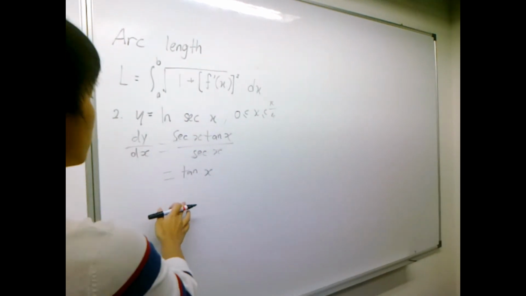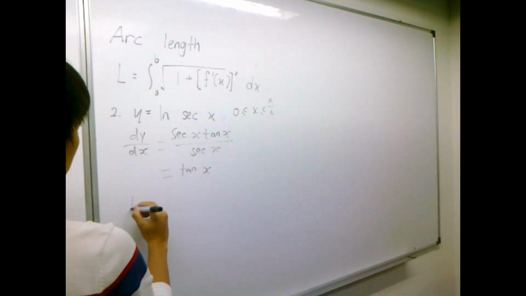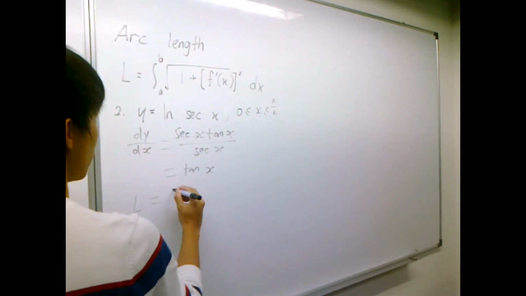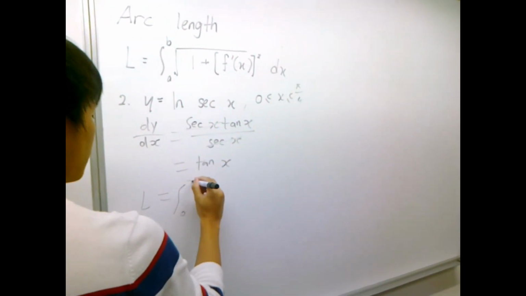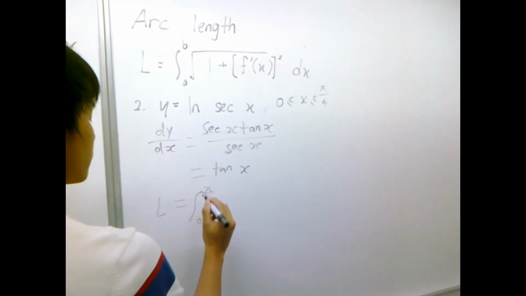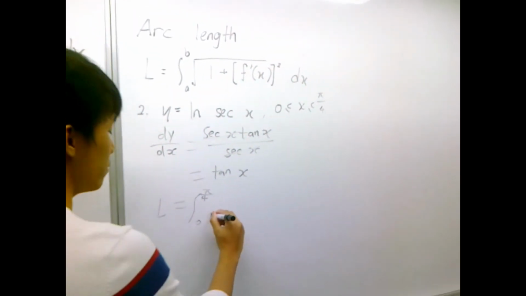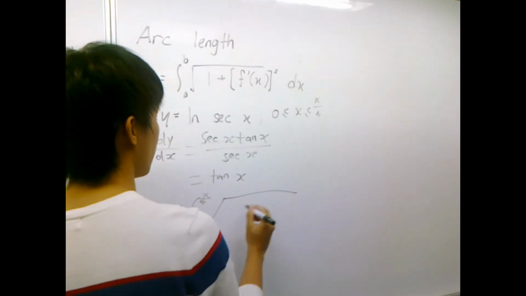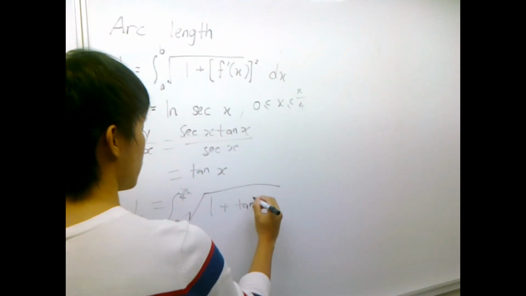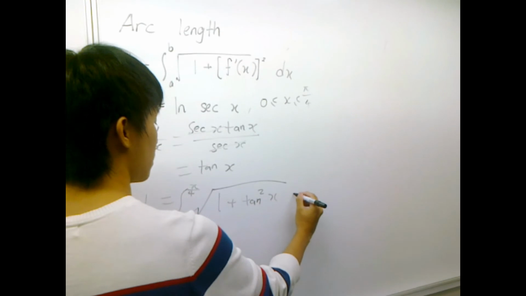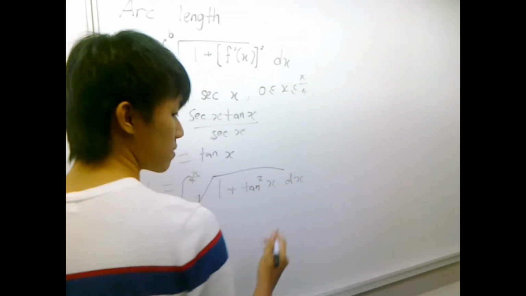And now we'll apply this into the formula. Arc length equals the integral from 0 to pi/4 of the square root of 1 plus tangent squared x dx.